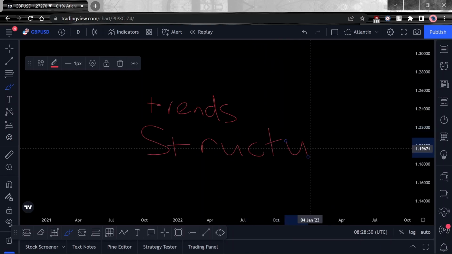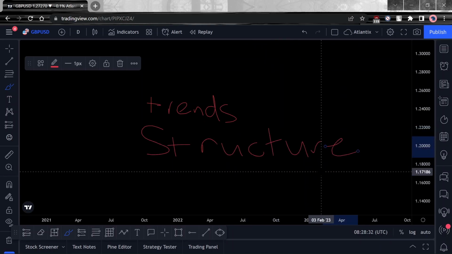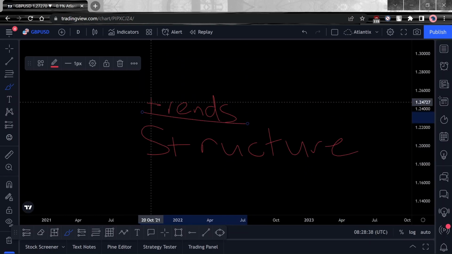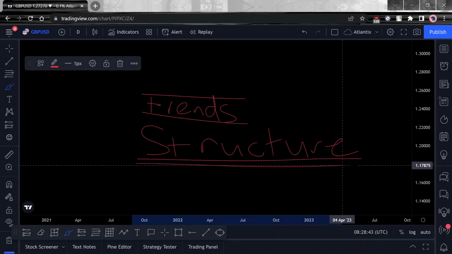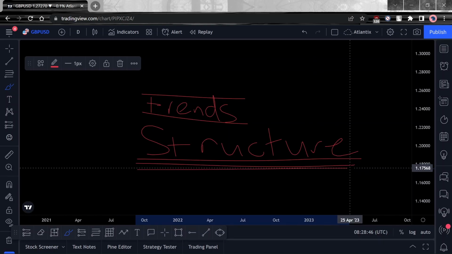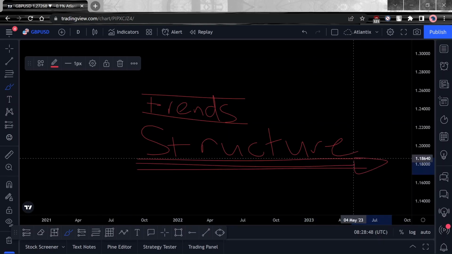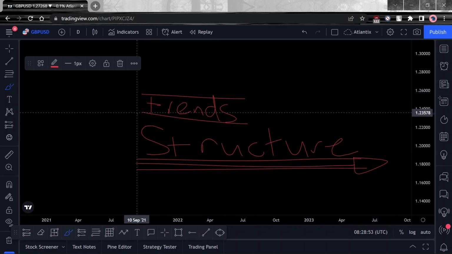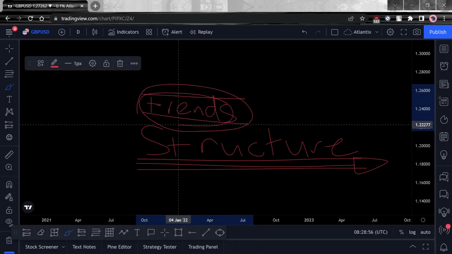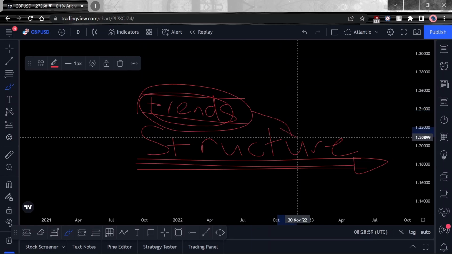So in the first part of this directional bias section, we're going to be talking about trends, all right? And then later on, we'll talk about structure. Structure is probably our key method of determining direction to trade, but we also use trends as a way of confluence and supporting our decision that we would have found from structure.